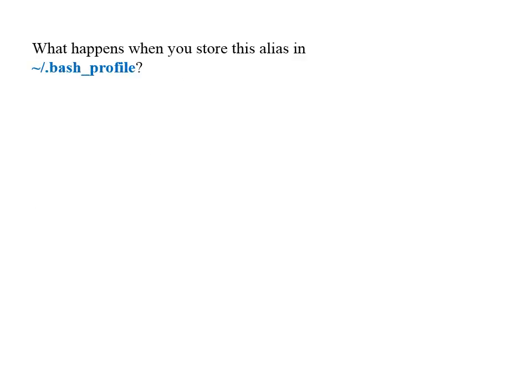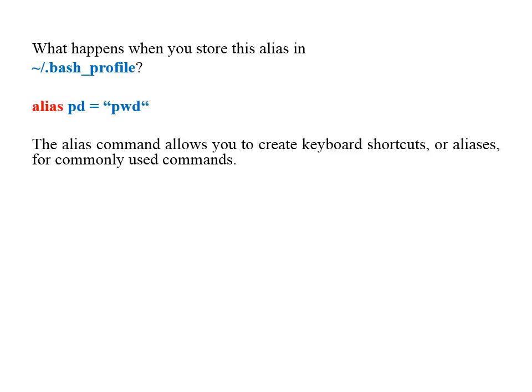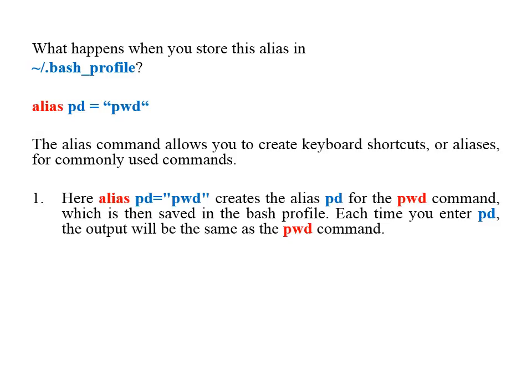What happens when you store this alias in ~/.bash_profile? When you type alias space pd equal pwd in terminal, the alias command allows you to create keyboard shortcuts, or aliases, for commonly used commands. Here, alias space pd equal pwd creates the alias pd for the pwd command, which is then saved in the bash profile.